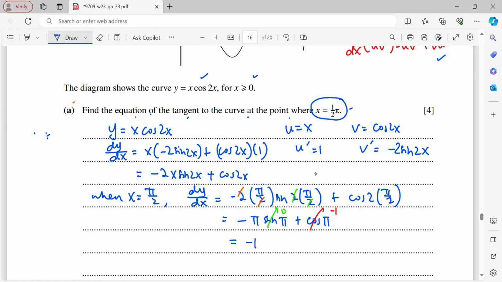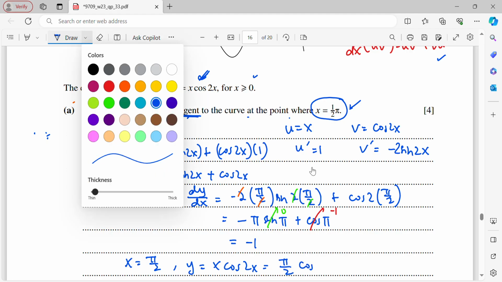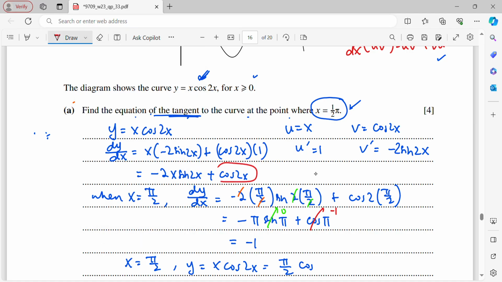Now, when you need to find the equation of a tangent, we need a point. The x is given, so we need to find the y. When x is half pi, y is x cos 2x, that means half pi times cos pi. Remember, cos 2x here is cos pi, not cos half pi, sorry, which is minus 1.